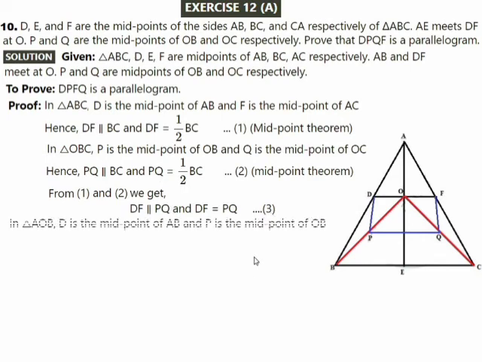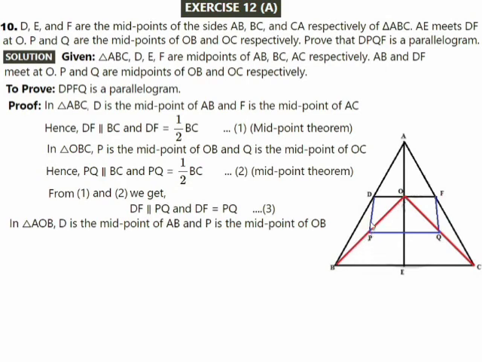Now let's do the same with triangle AOB. Triangle AOB is this particular triangle. D is the midpoint of AB, and P is the midpoint of OB.